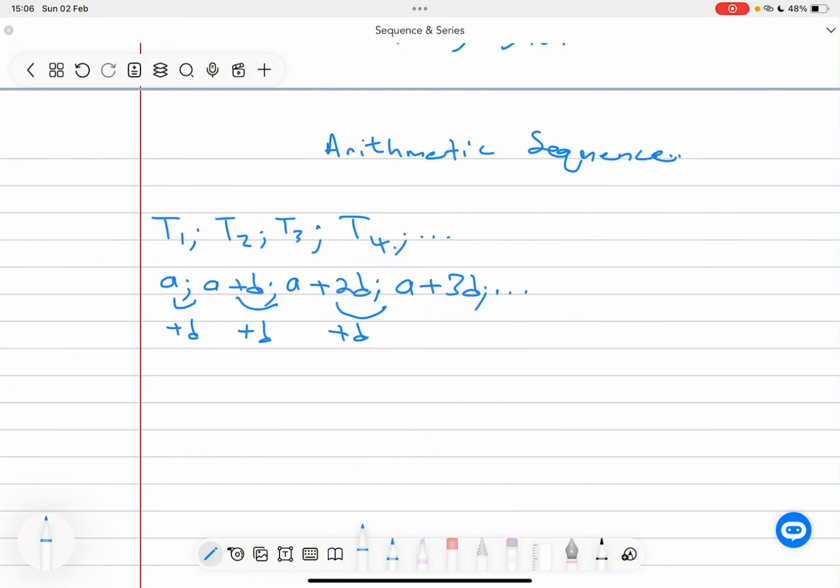To study this pattern, I'm going to look at it from a different perspective.